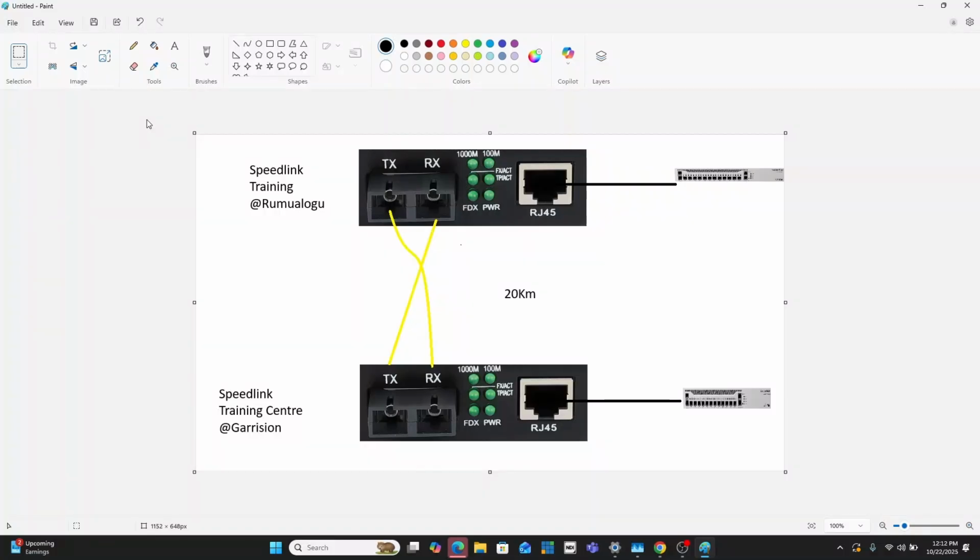So, what have we just established? We have connected the router or any device, isn't it, at this place to this other place, isn't it?